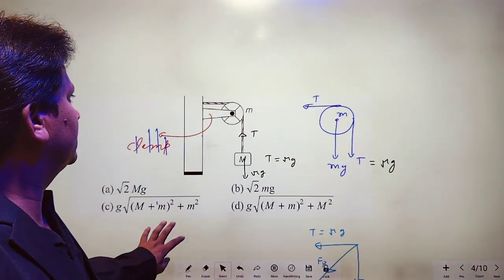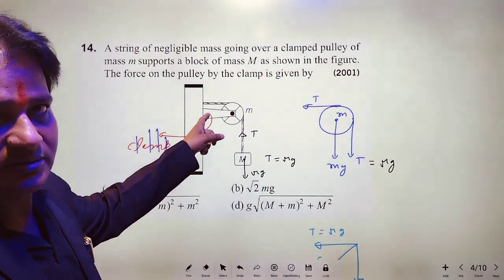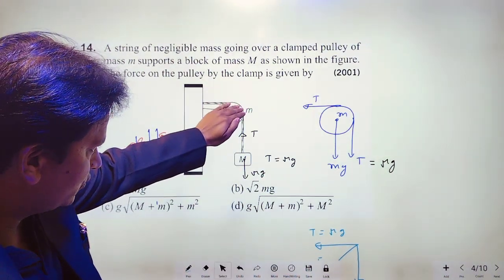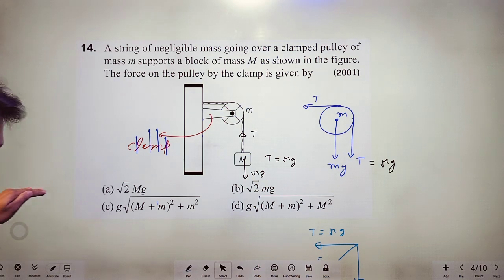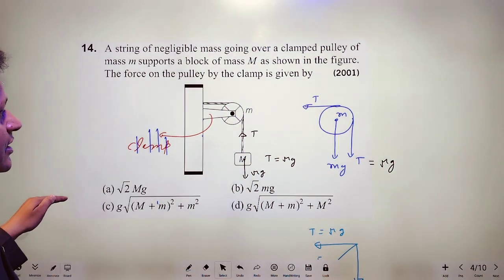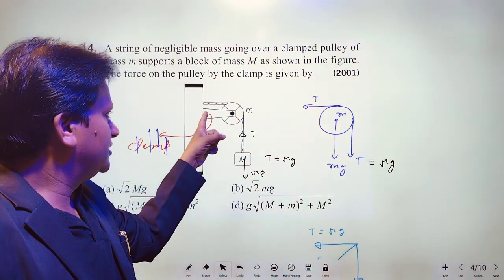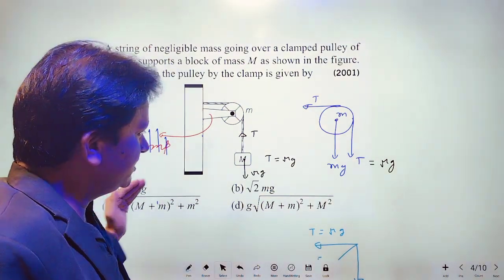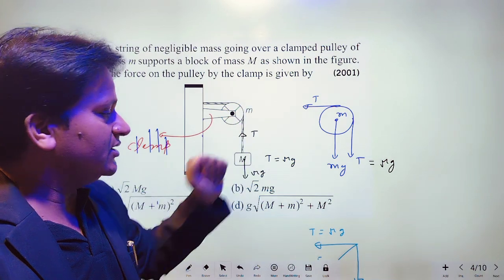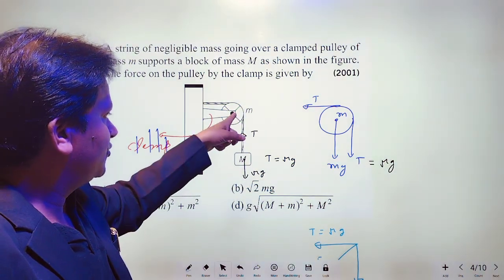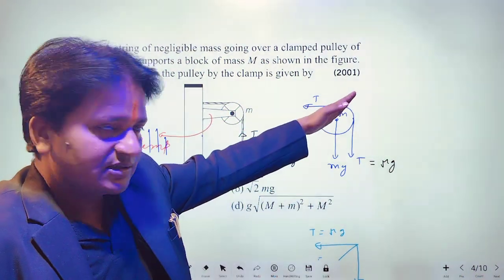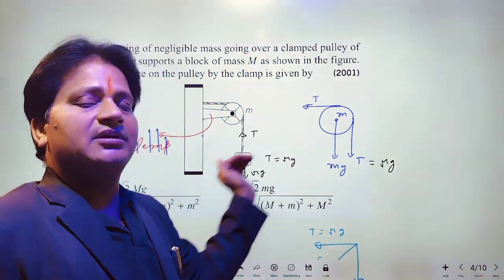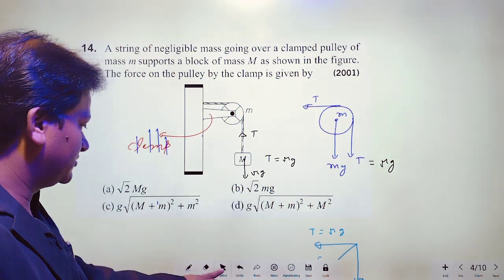If the clamp is not present, then the pulley would move towards the resultant force. The clamp exerts a resultant force in this direction. Therefore, the net force acting on the pulley and the force exerted by the clamp cancel out.